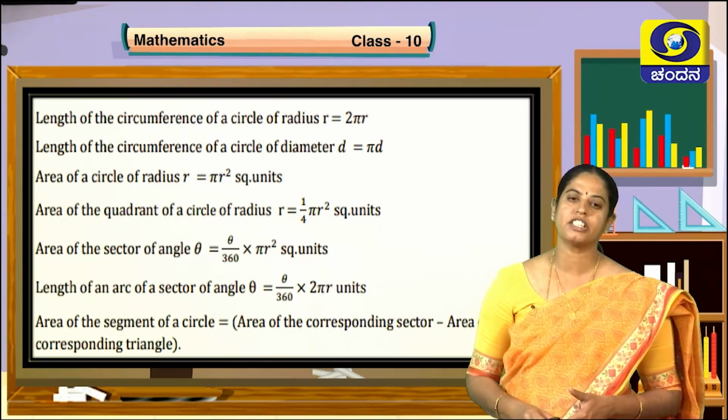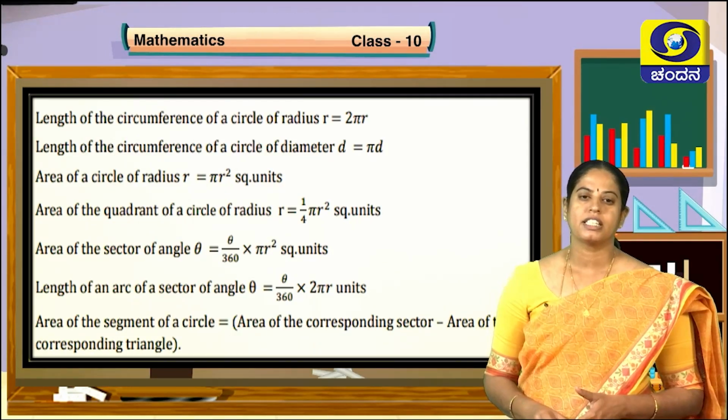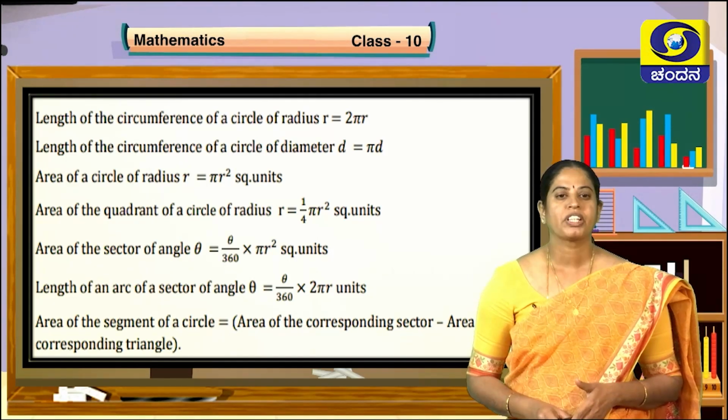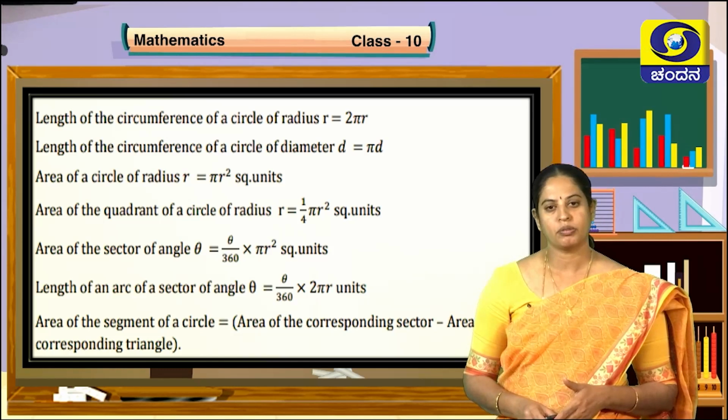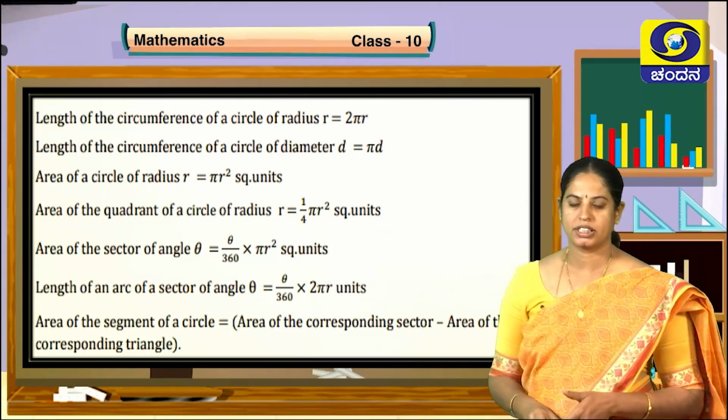Then area of the sector of angle theta. If the angle between the radii is other than 90 degree, what is the formula we use to find the area? The formula is theta by 360 degree into pi r square units.